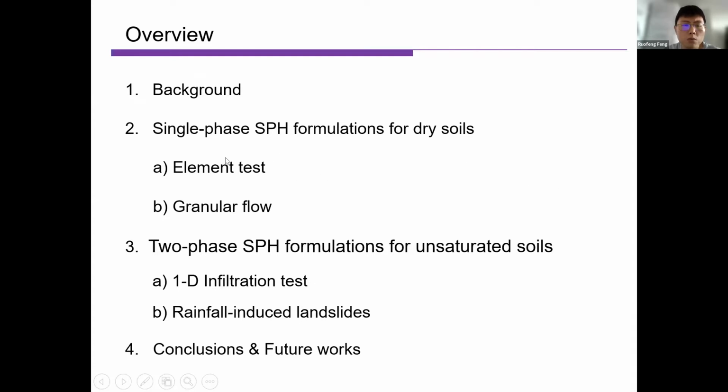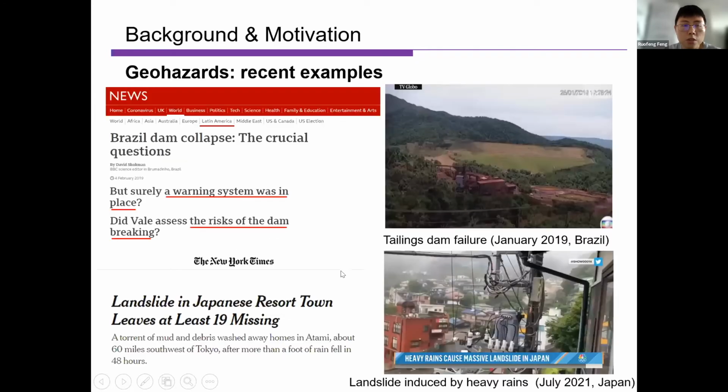Here I will show you the results of element test and the granular column. After that, I will introduce a two-phase SPH formulation for unsaturated soil, in which I will present the results of one-dimensional infiltration test and rainfall-induced landslides. And finally, I will draw some conclusions and present some future works.